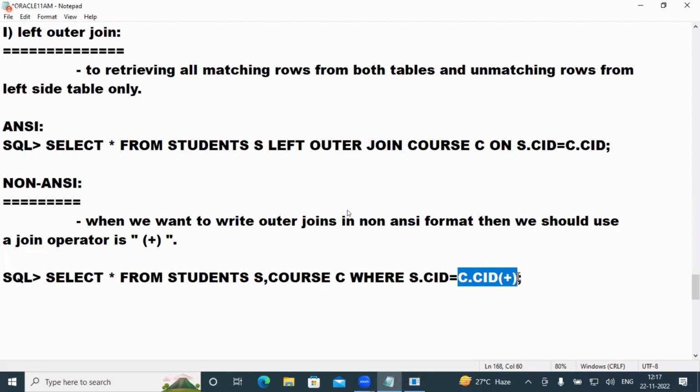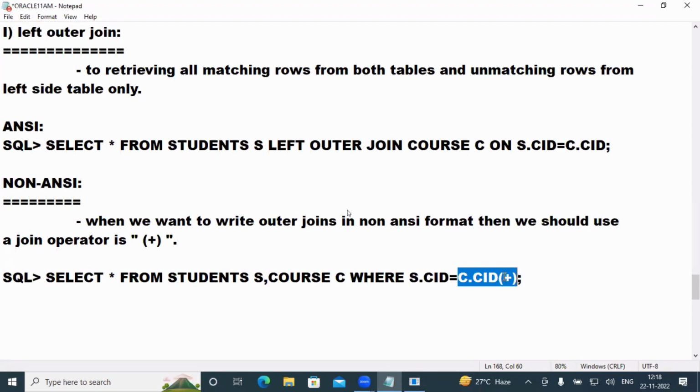And on which table this operator is used, from that table it will retrieve only matching rows. That means unmatching rows from the course table we are not getting. We are getting only matching rows from the course table. But from the student table, we are getting matching and also unmatching.